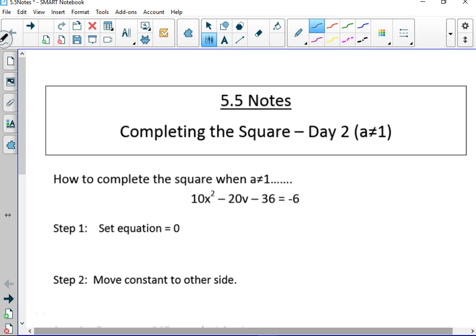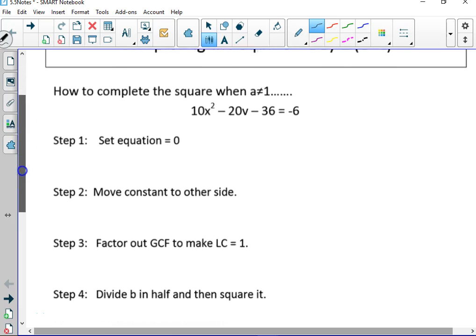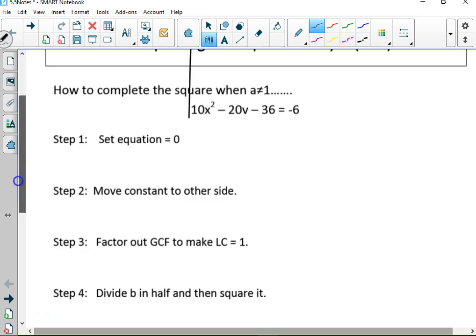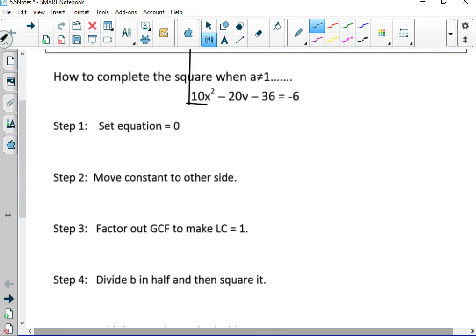5-5. Day 2, part 2, completing the square. So, just a little bit different here. Now, we do have a number in front of the x squared that is not 1. Okay? So, first step is, now this is the opposite of what we've been doing.